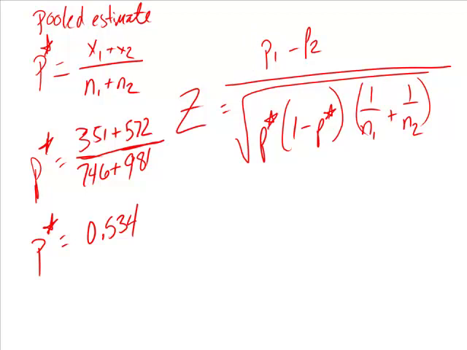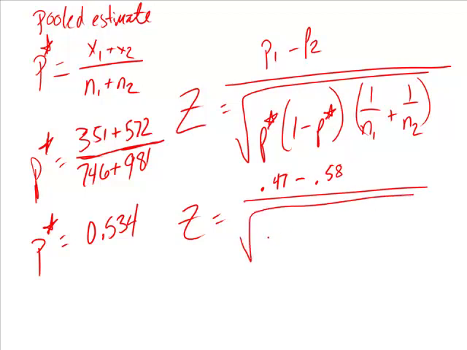Okay. So the first thing we're going to look for is the gap between group 1 and group 2. And that gap was 0.47 minus 0.58, divided by the square root. And we know what P star is. That's our pooled estimate over here, and 1 minus the pooled estimate.